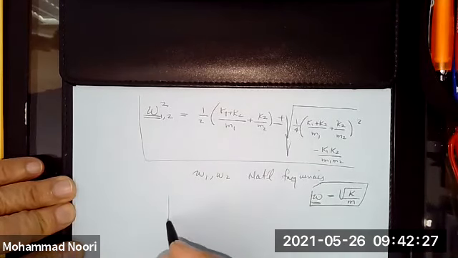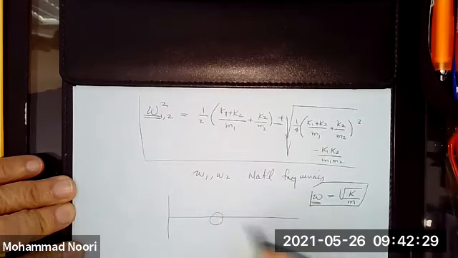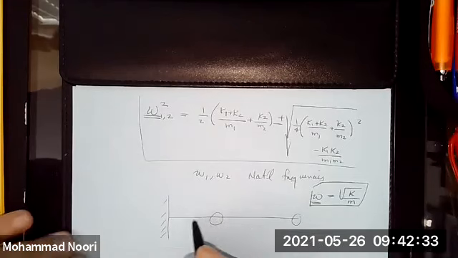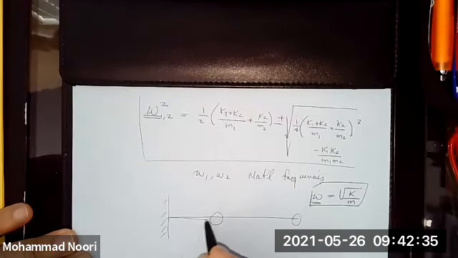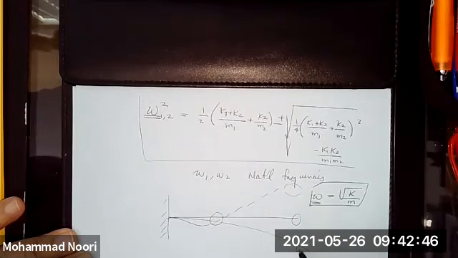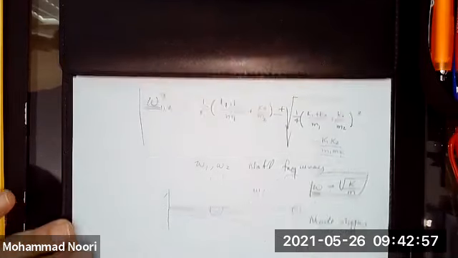For instance, if you have a 2 degree of freedom system, being this cantilever beam, for the first frequency the system is going to vibrate like this. For the second frequency it is going to vibrate like this. This corresponds to omega 1, this corresponds to omega 2. We call these mode shapes. We'll discuss these in a minute.